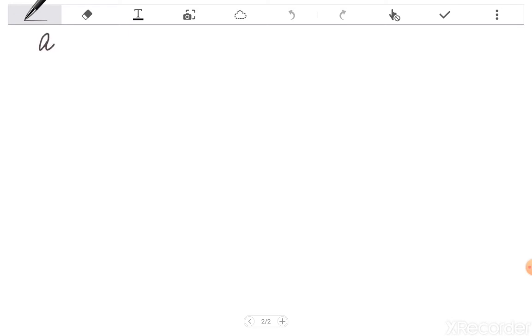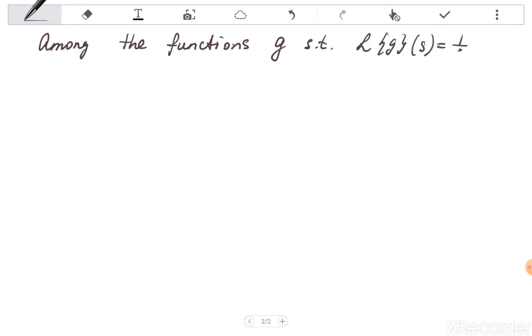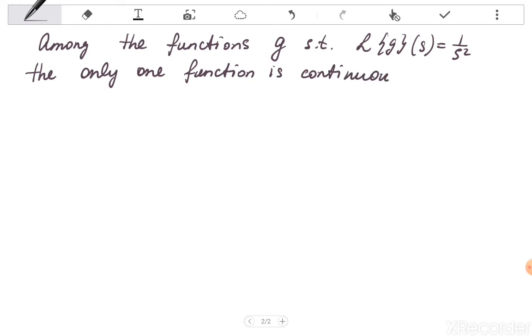Among the functions g such that the Laplace transform of the function g at the point s is 1 over s squared, the only one function that is continuous, exactly, the function g of t is just t.